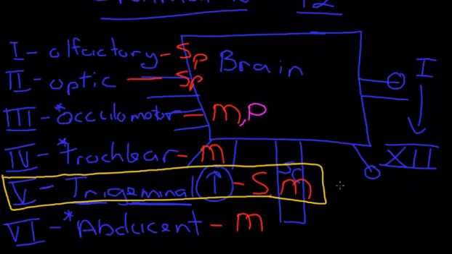The trigeminal nerve is part of that embryological origin of the body as well. If you remember back to basic embryology, the head is fundamentally formed by pharyngeal arches.